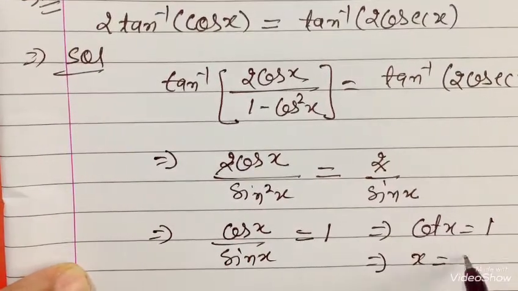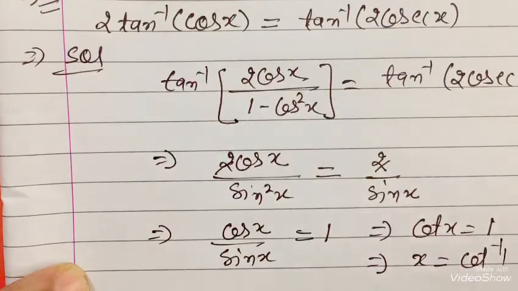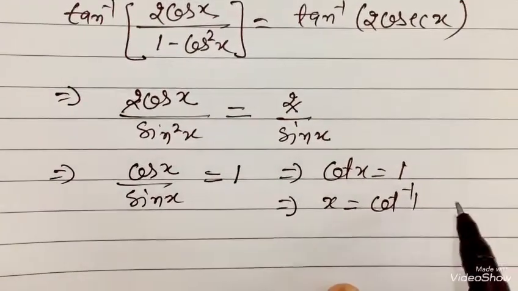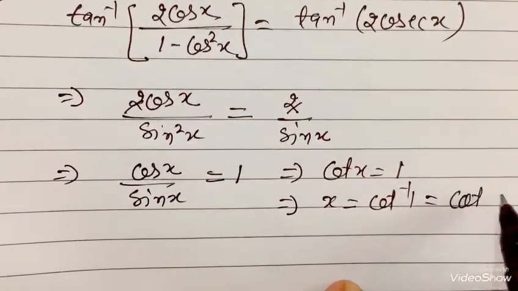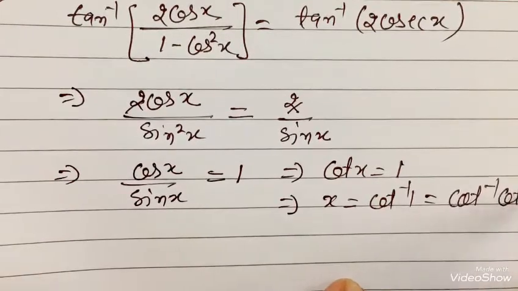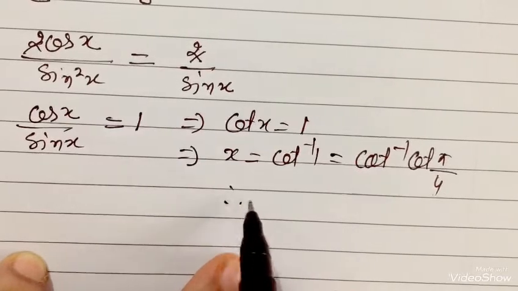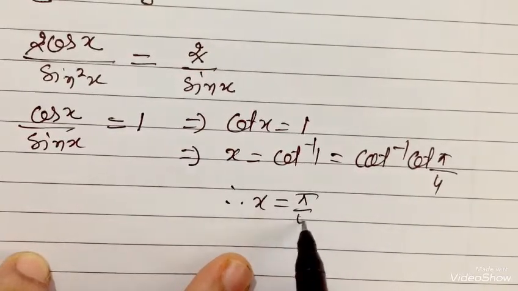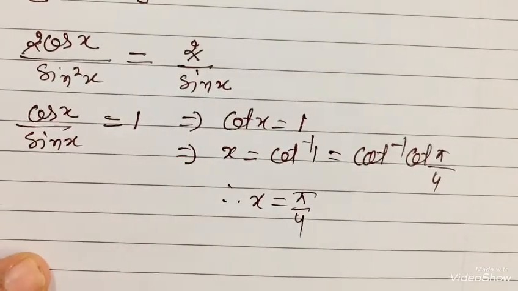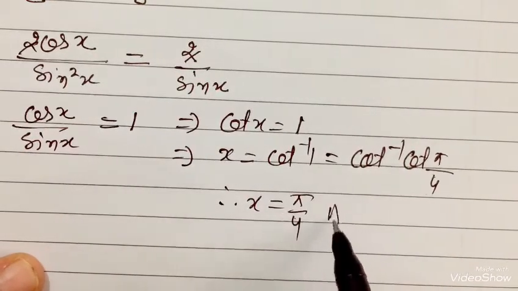So x is equal to cot inverse 1, which is cot inverse cot pi by 4. So the answer is x is equal to pi by 4.